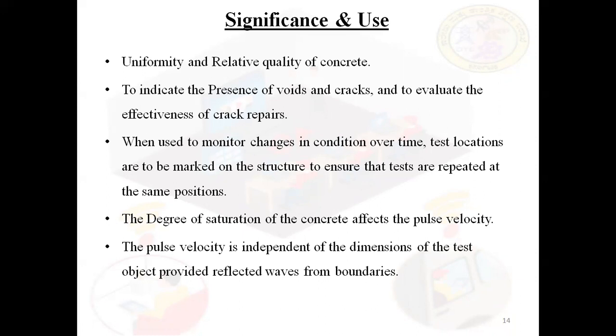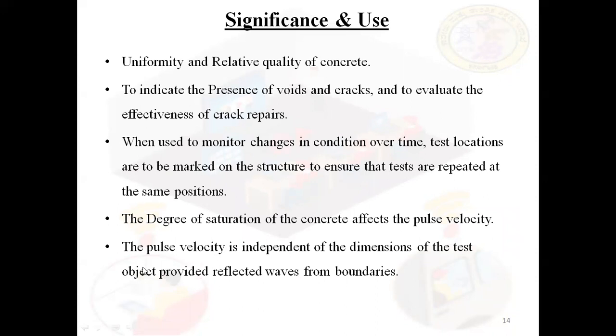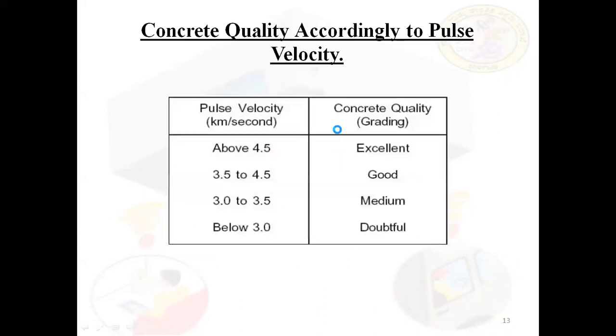Next, the degree of saturation of the concrete affects the pulse velocity. The pulse velocity is independent of the dimensions of the test object, provided waves are not reflected at the boundary. So these are some of the uses of the pulse velocity method.